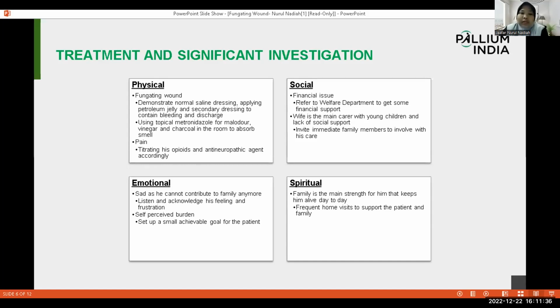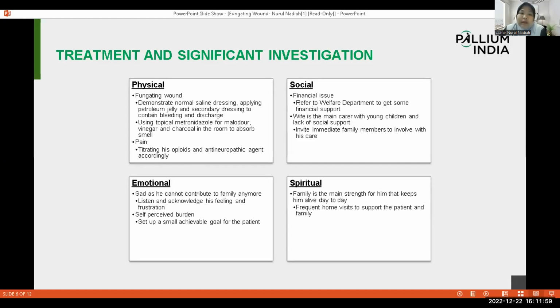And we also teach the secondary dressing to contain the bleeding and also the discharge that is coming out from the fungating wound. At the same time, because of the malodor, we are using topical metronidazole. We add some vinegar to the patient's room, and also we put charcoal underneath the patient's bed to absorb the smell.